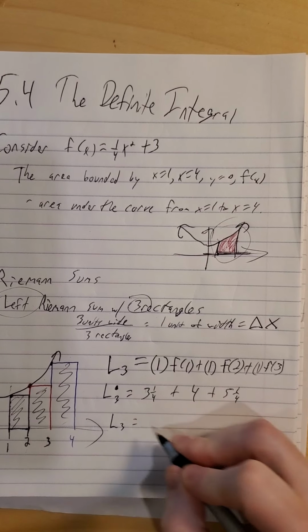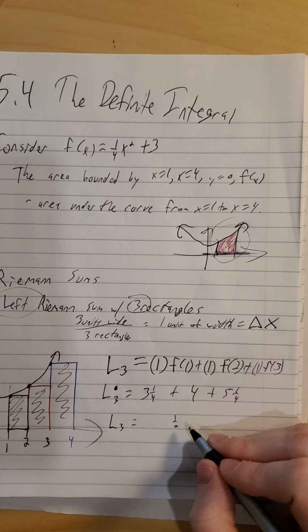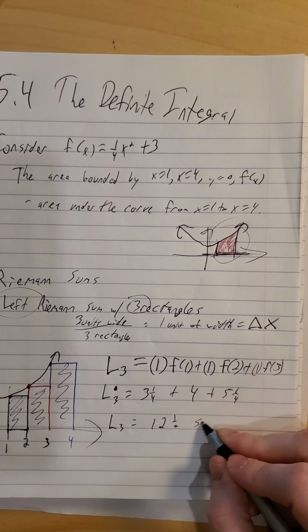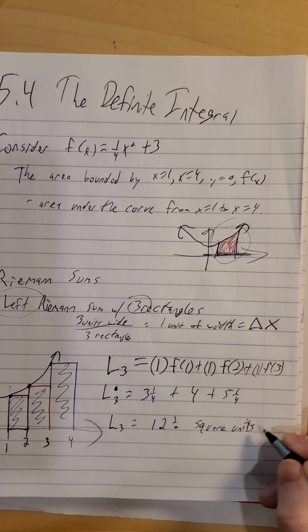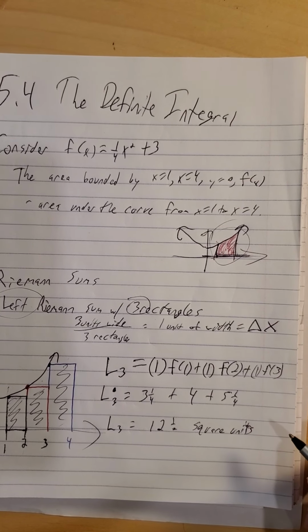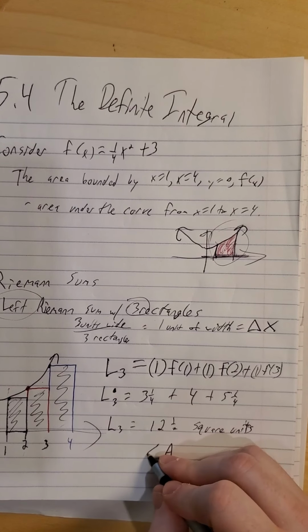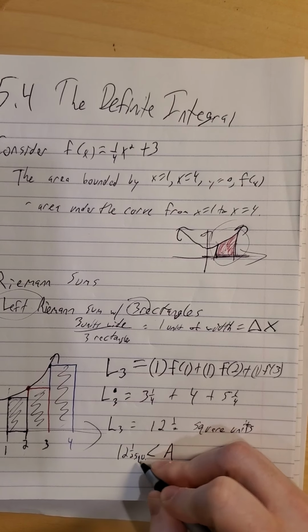So L sub 3, let's see, so we have 12 1/2, and that will be in square units because we're discussing an area. So the true area is going to be bigger than 12 1/2 square units.